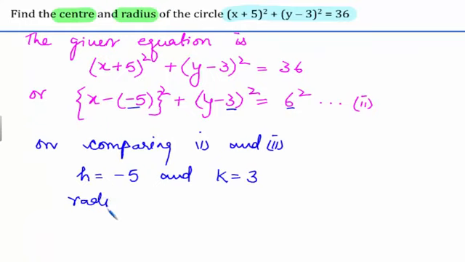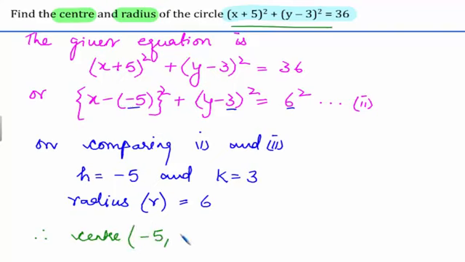So the radius of the circle r is 6. Therefore our answer is: center of the circle, whose equation is given to us, is minus 5, 3 and radius is equal to 6. This completes the solution.